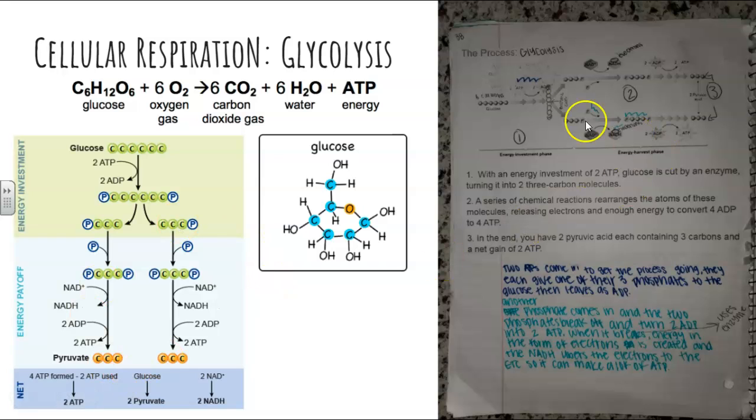So this is the picture I like, but your teacher has done the same thing here. So here is your 6-carbon glucose molecule. In comes 2 ATP and drops off the phosphate. So we put phosphates on each side of your glucose here, and it leaves as ADP. Then some enzymes are going to cut it, and so you have 3 carbons and a phosphate, 3 carbons and a phosphate. In comes new phosphates, so you now have 3 carbons and 2 phosphates, 3 carbons and 2 phosphates.